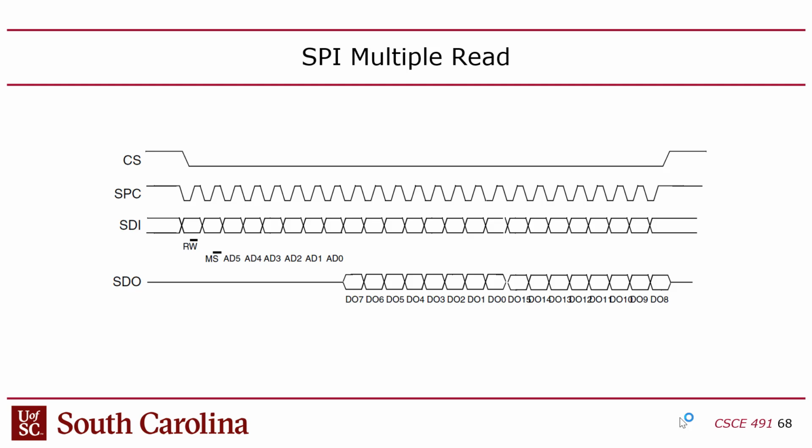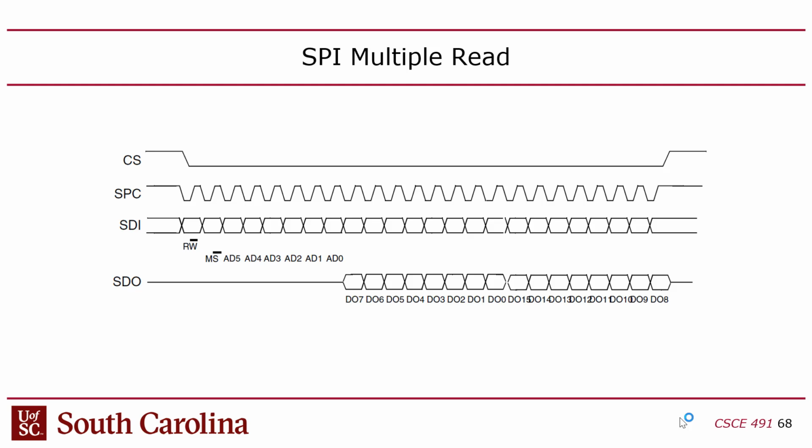Generally, you also see the capability for multiple read, multiple write, where the header will have a bit in it to signify whether you're doing a streaming operation, a multiple byte read or write. Now, the way that you implement that can depend on the protocol.